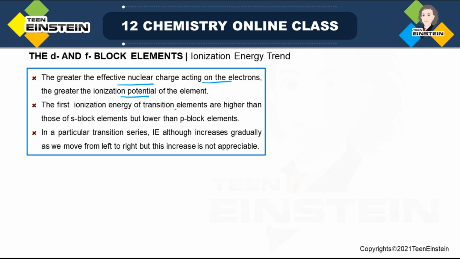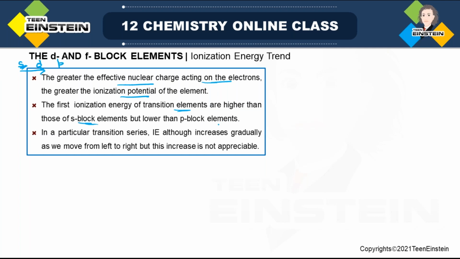The first ionization energy of transition elements will be higher than those of S block, because if you consider the periodic table, first on the left hand side we have S, then D, then P. We know that as we move from left to right, nuclear charge becomes higher and higher, as a result ionization energy also increases. So if you consider the same period and compare ionization energy with S block, obviously for D it will be high.